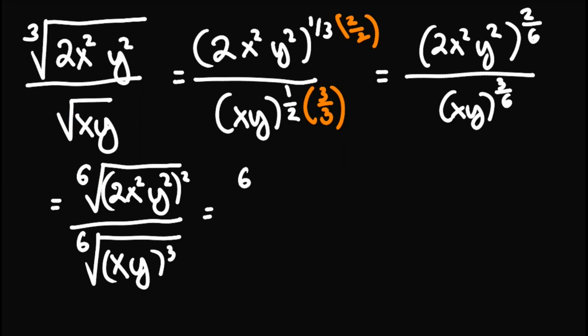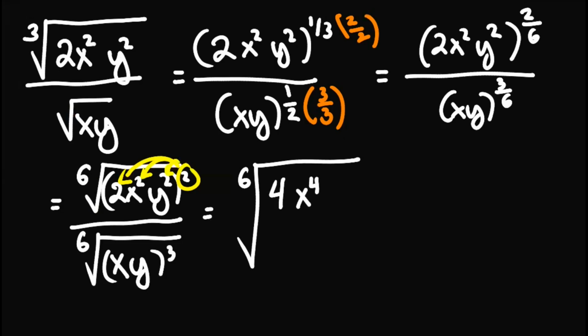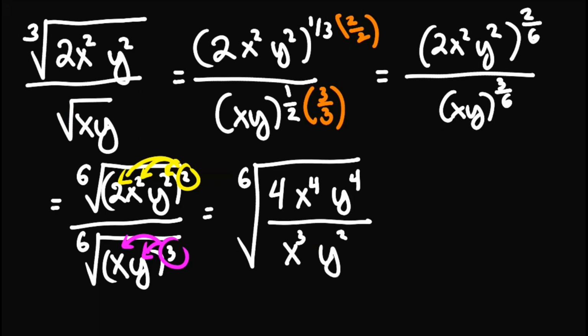So this one is equal to the 6th root of, let's simplify this expression out here. So basically we distribute this 2 to each term. So 2 squared is 4, x squared squared is x raised to 4, y squared squared is y raised to 4, all over, simplifying this, distribute the 3 over x and over y, that will be x cubed and y cubed.